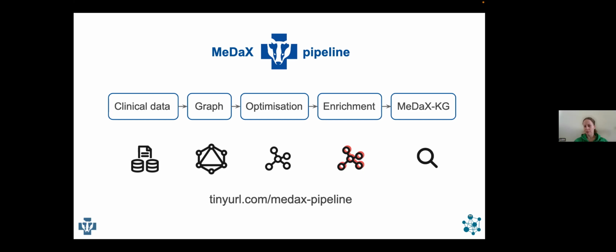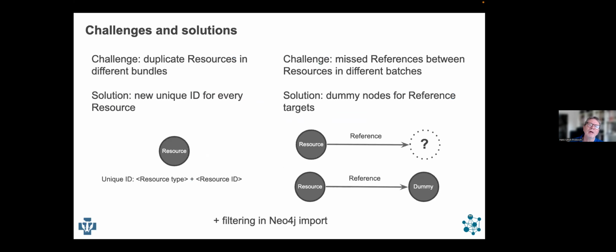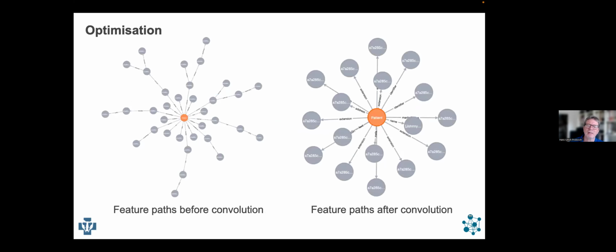Okay, thanks. I had one more point where I think I didn't completely understand the optimization process. You mentioned that sometimes you had very long paths to define a complete feature, and that you decided to shorten the paths so that you map every feature directly to the patient.